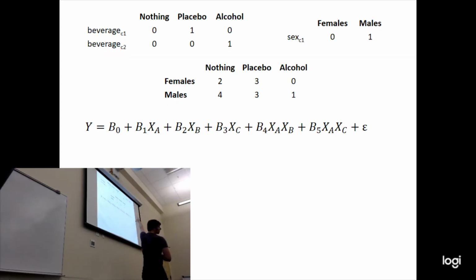And then we've got 2 interaction terms. One where the C1 contrast for beverage condition is allowed to interact with participant sex. Another one where the other contrast for beverage condition is allowed to interact with sex. We've worked with models like this. It's an interactive model from GLM.